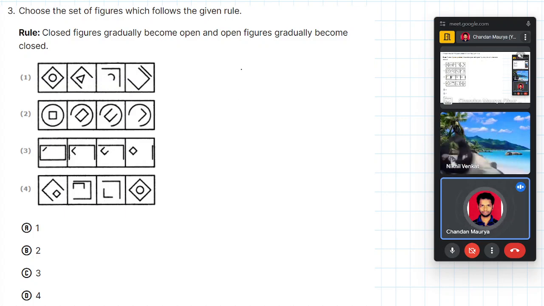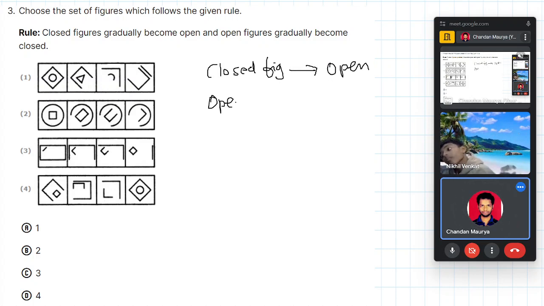You do not have to make the notes. Actually the questions are very hard, so I will not be asking you to write everything. You can just enjoy. What is happening? Closed figures becoming open and open figures gradually becoming closed. Any idea?